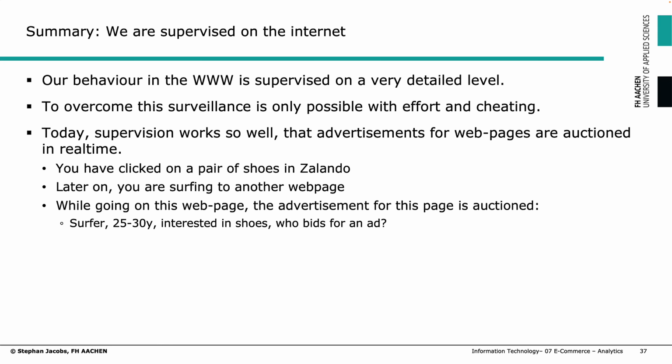And in the background, now there is an auction going on. And the auction simply goes like this: hey, there is a user who is interested in shoes. How much are you willing to pay to display an ad? And the one who pays more is able to place this ad. This goes on in the background, and you will not even notice that an auction has been done. It's all done automatically, all in the background.